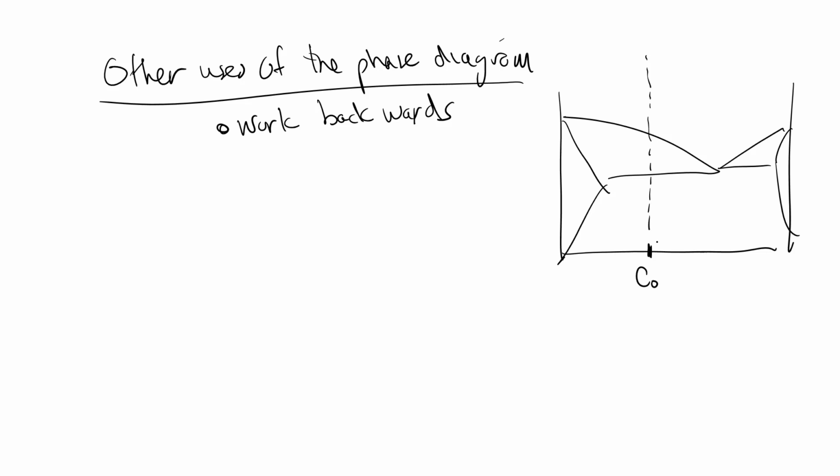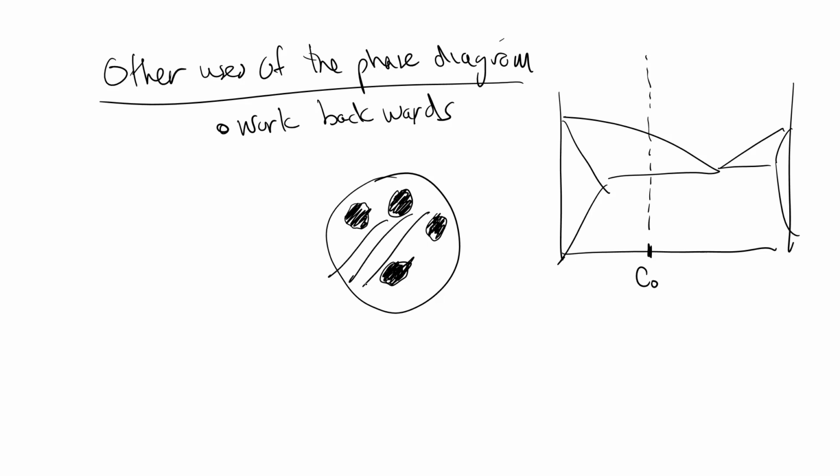So going back to this, if the microstructure looked like this, let's just say we looked at the microstructure and it had this much proeutectic alpha, and then the rest is our mix.